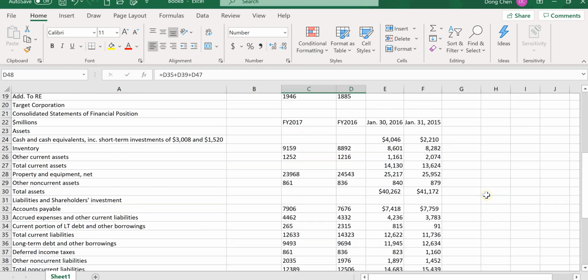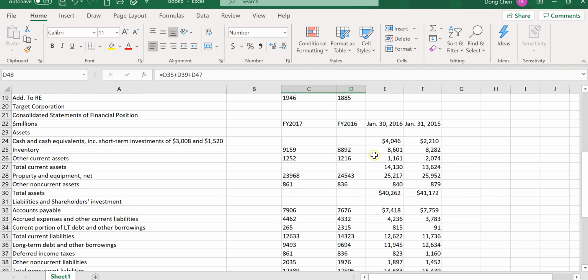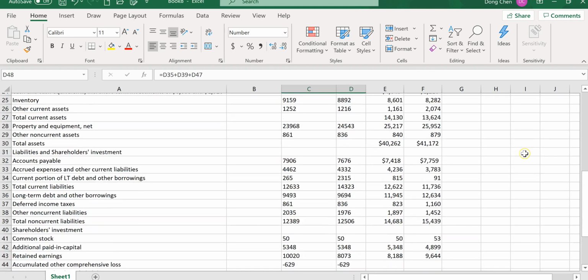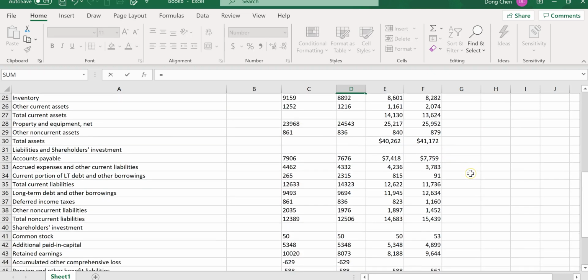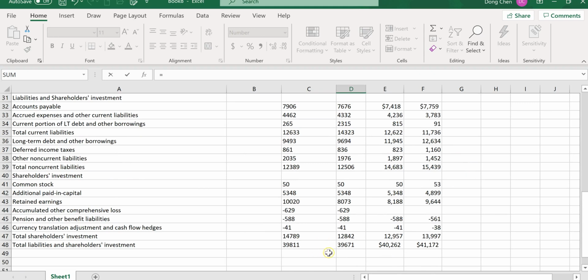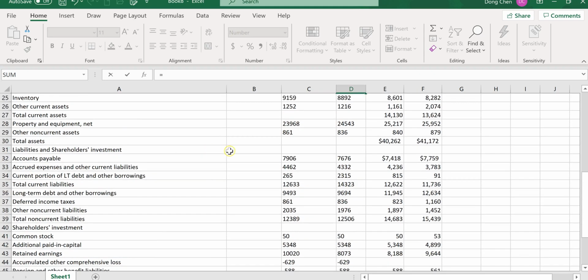So finally, the only variable which we haven't figured out is the cash. So how can we figure out the cash? We can figure out the cash based on the balance sheet identity. The total liabilities and the shareholders investment will have to be equal to the total assets.